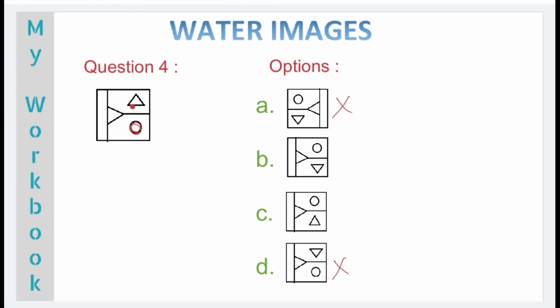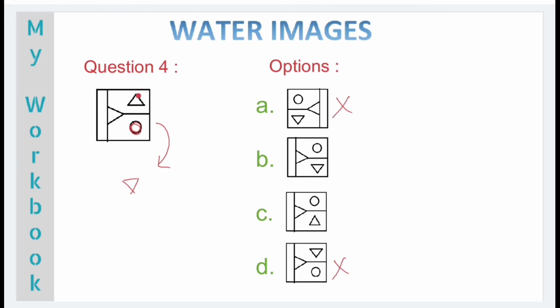Let's talk about this triangle element. The triangle is at the top half in the question. So in the water image, the triangle should be at the bottom half. In both B and C, the triangle is at the bottom half. However, when you flip or vertically invert this image, the triangle as such will be inverted.